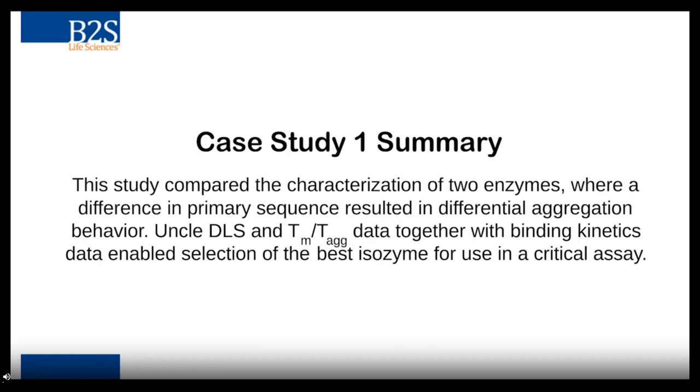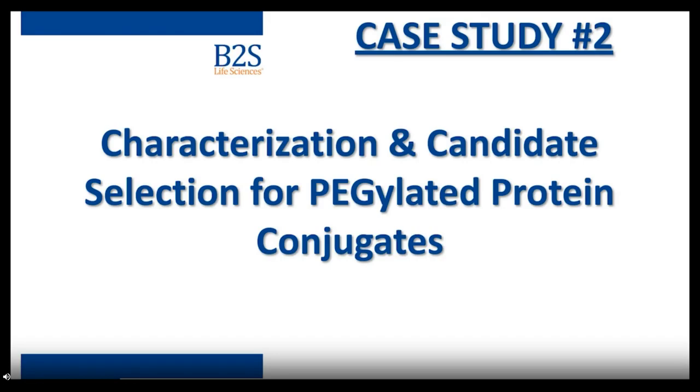And the Uncle instrument was the only tool that we had available here, which could give us a clear answer on why this was happening. And by using the DLS and Tm applications, we were able to choose the best isozyme for use in our critical assays.